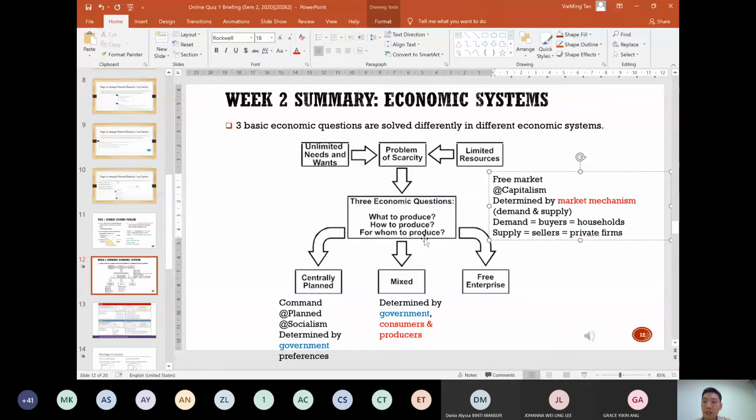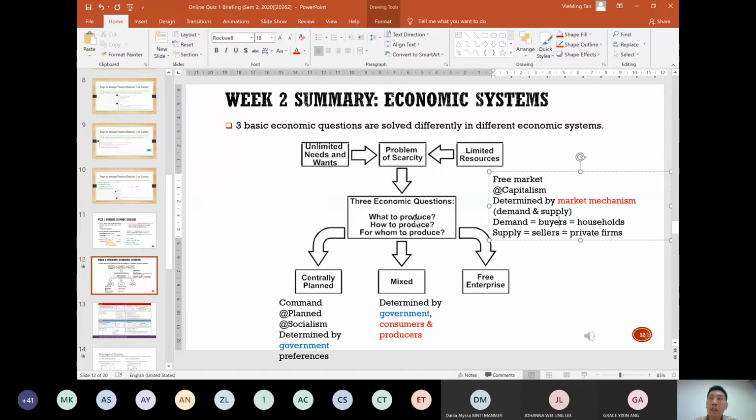Only the private sector and the households will make the decisions. What to produce depends on consumer preference. If the goods have high demand and many people want to buy, then the supplier will produce more.